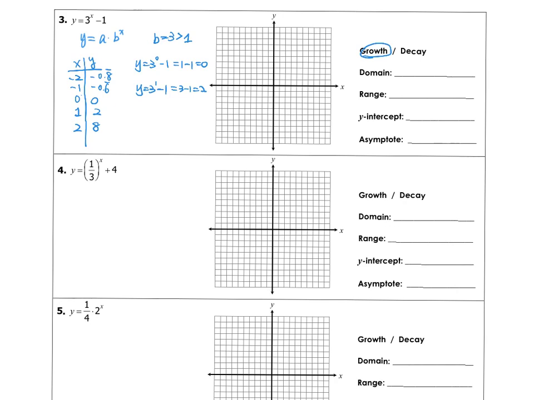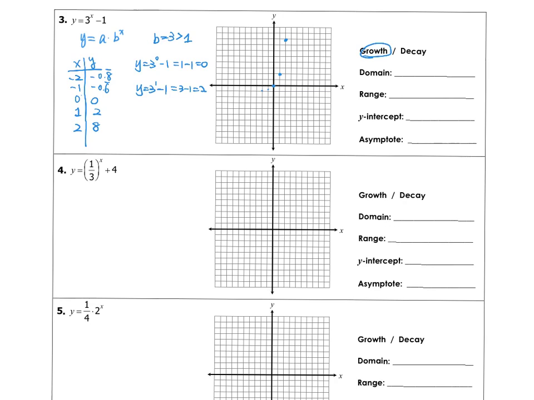Okay, so let's see, how can we graph this? I have 0, 0, which is here. I have 1, 2. I have 2, 8. It's there. And on the negative side, I have negative 1, a little bit more than negative half. I have negative 2, then I'm close to negative 1, but not quite.